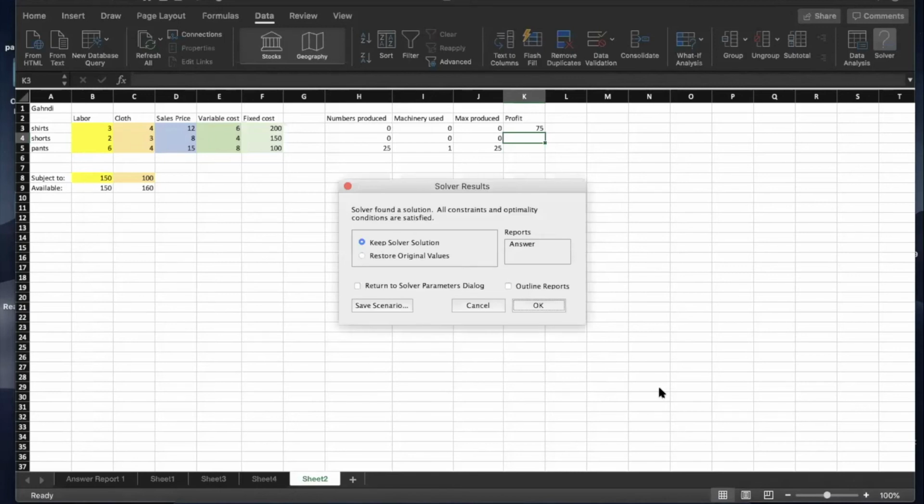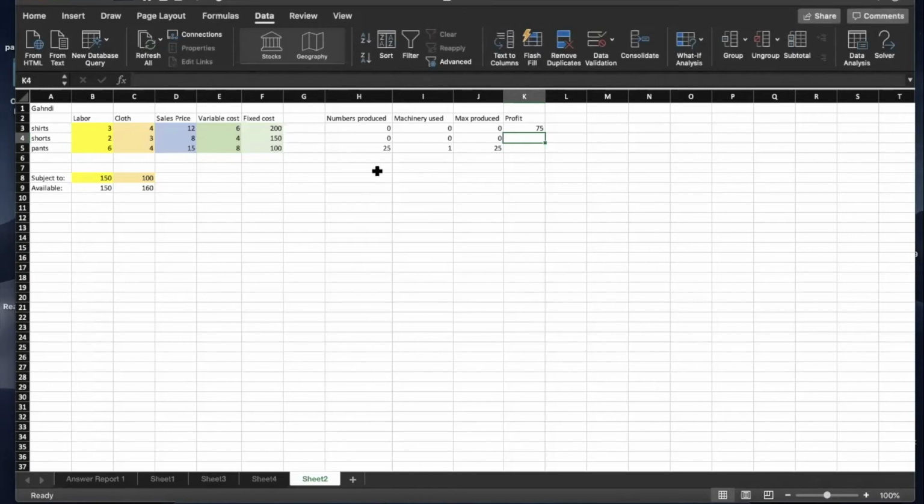Okay, so we got results, and we have 25 pairs of pens would be the ultimate production goal, and it will give us a profit which is the maximum profit of 75. So let's go back to our paper and put the result in it.